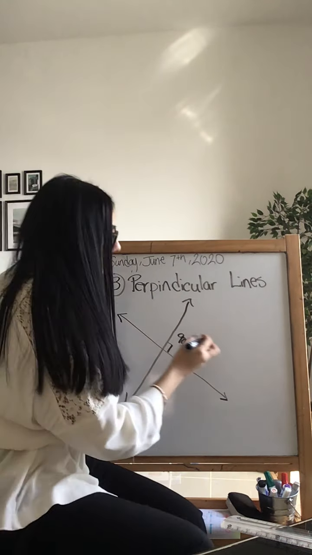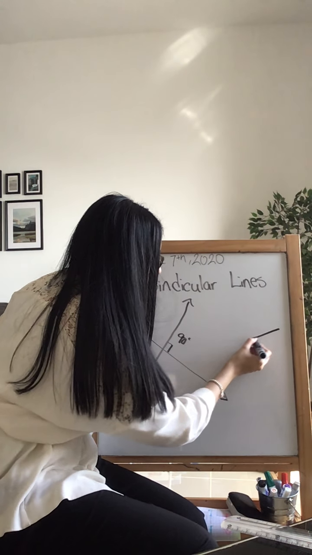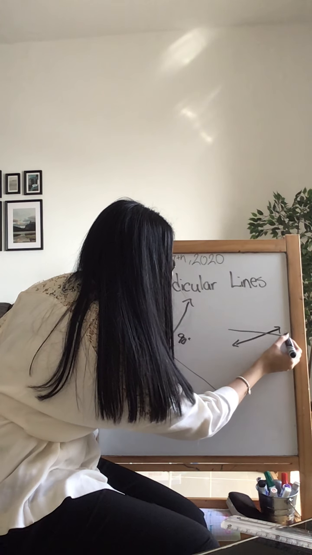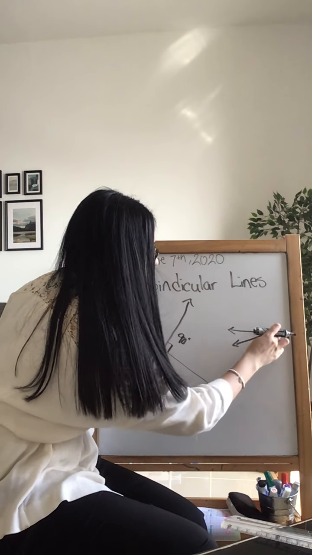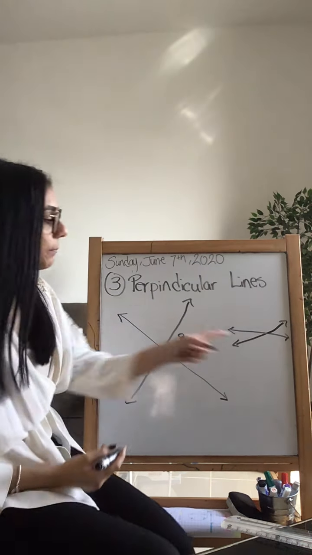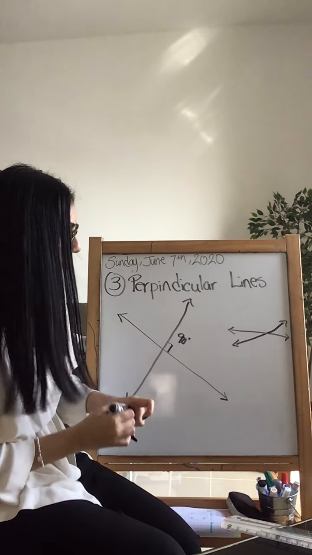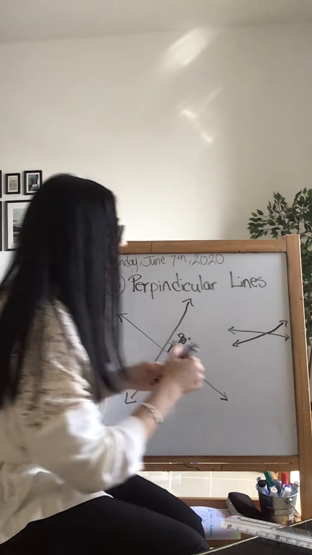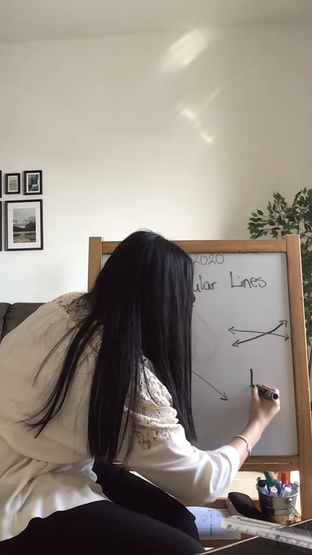Now, compare this to what if I did this? And you'll say, well, Miss Mavish, that looks like an L. Is that perpendicular or intersecting? They intersect, right? But this is a wonky L. I want a perfect L.